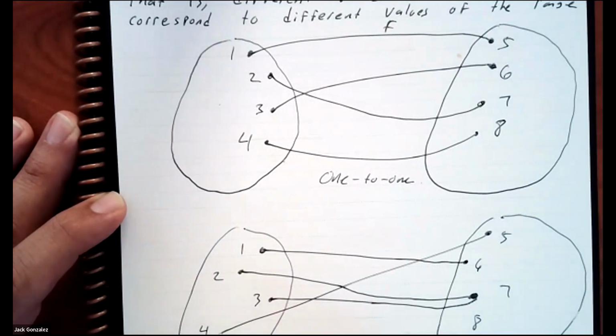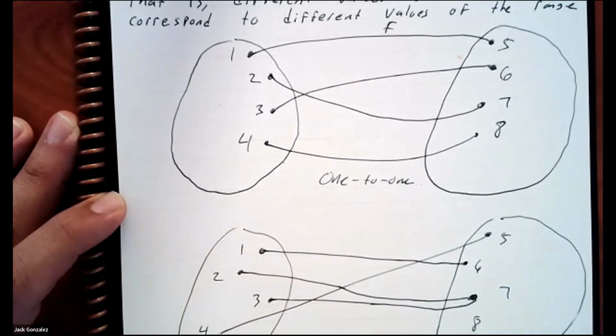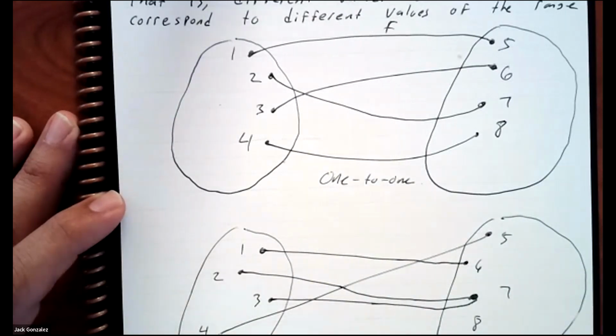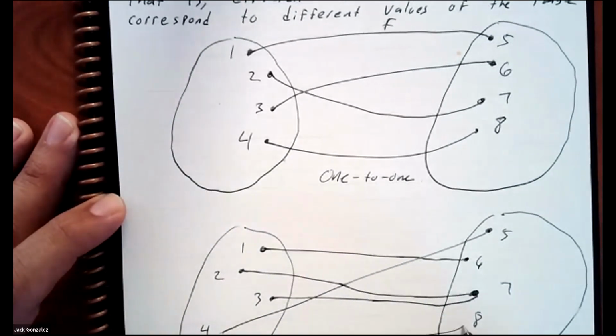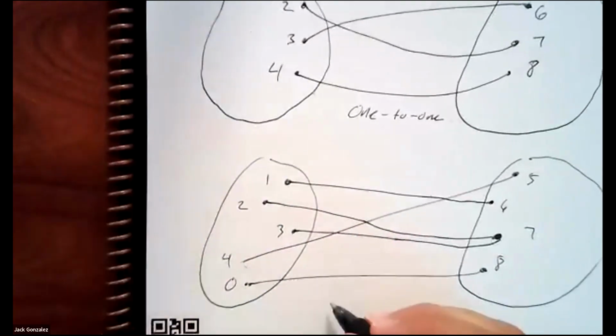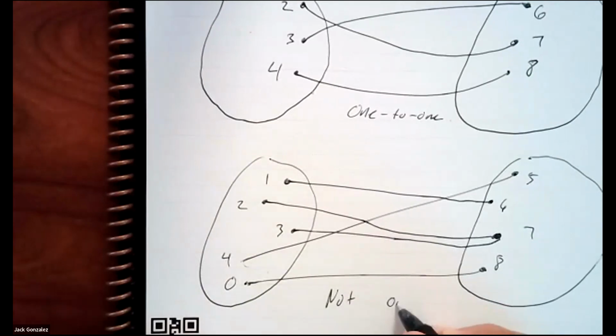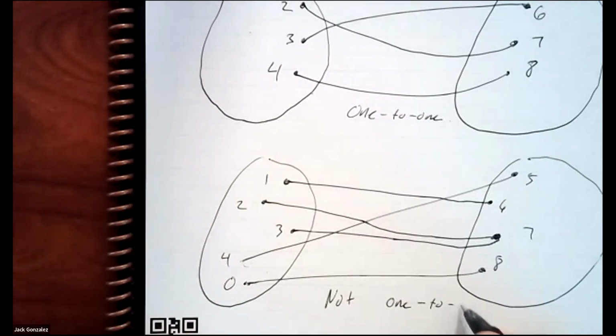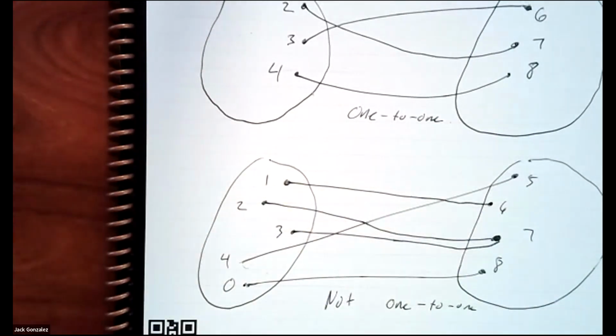Oops, I put 5 twice. Let's erase that guy. I'll just put a 0, make it up. Doesn't matter. So this is not one-to-one. Okay.